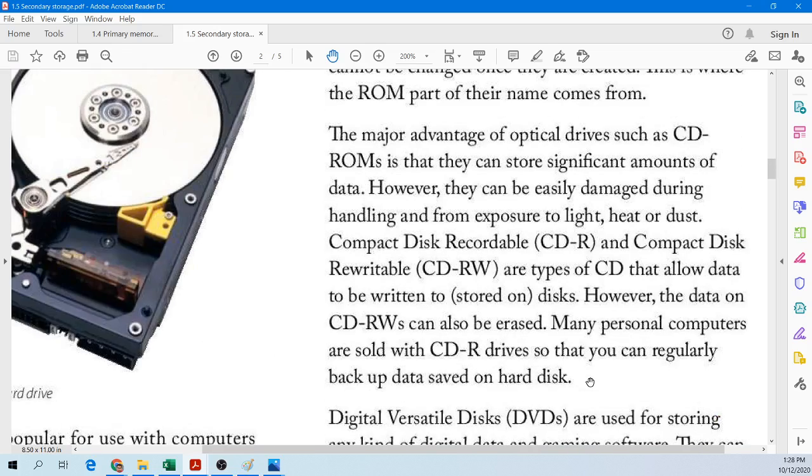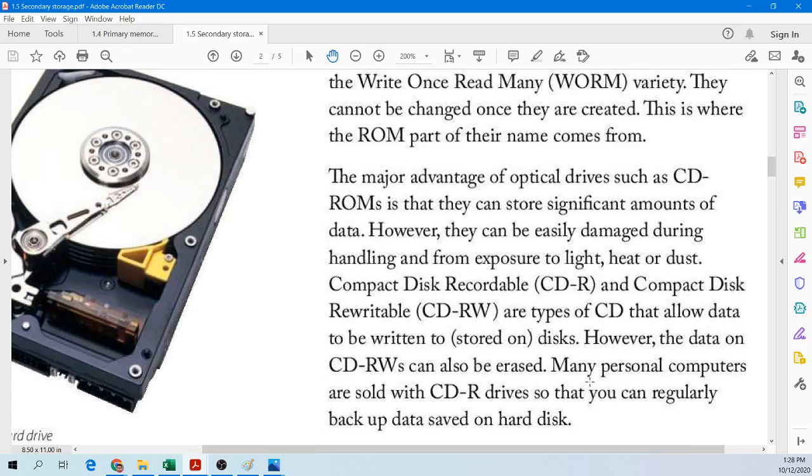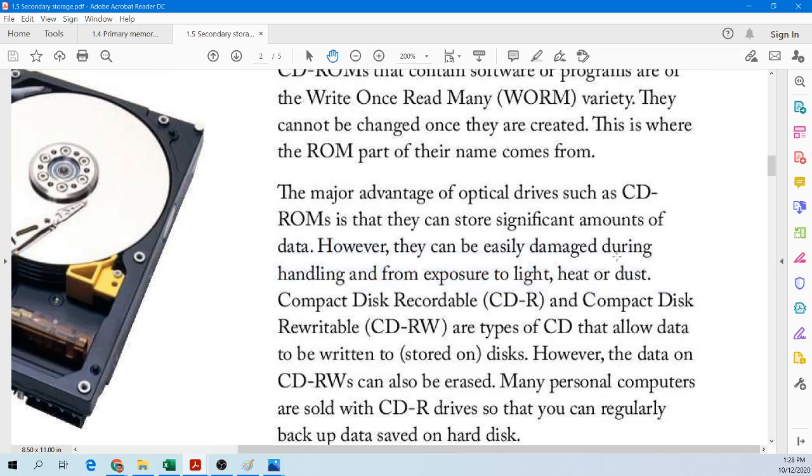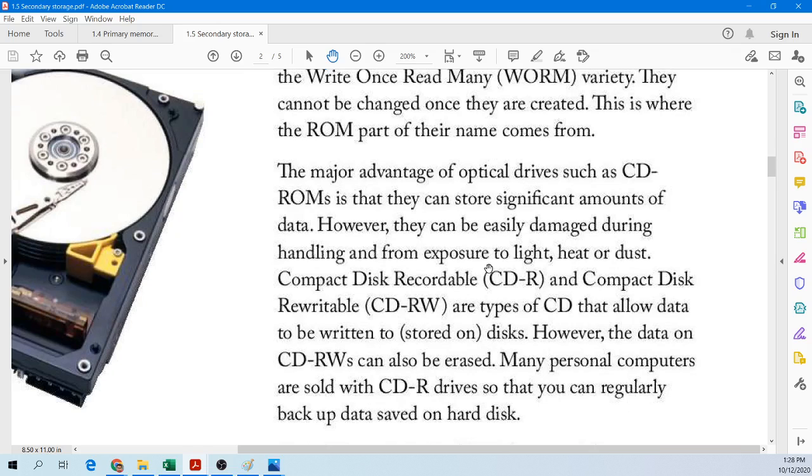So I'm still confused as to what you're saying here. However, the disadvantage of a CD is that it is easily damaged. If you don't store or handle it properly, it can be damaged. If it gets wet, or is in a moist area, then that disc can be damaged.